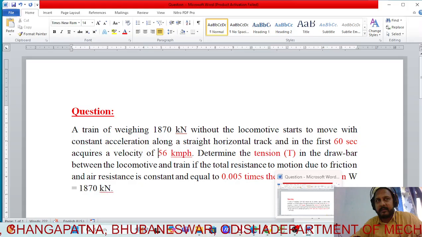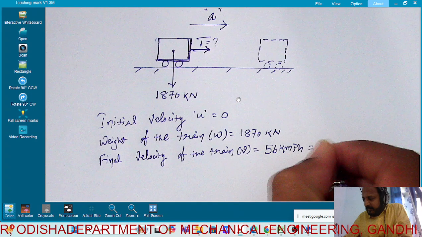Let us change it into SI unit. That is 56 kilometer, 1 kilometer is 1000 meter. You know this. And 1 hour is 3600 seconds. Is this clear? Yes, sir. Now, you don't have calculators, so you can see the calculator here, all of you.